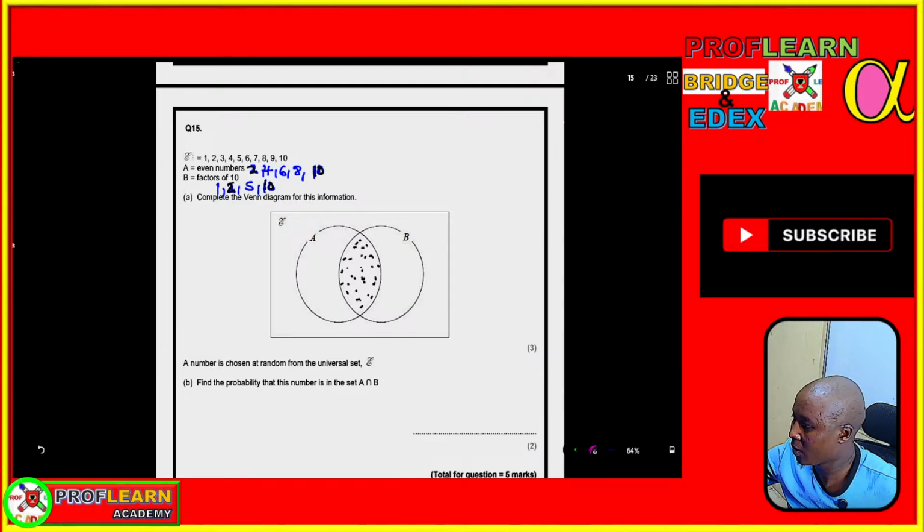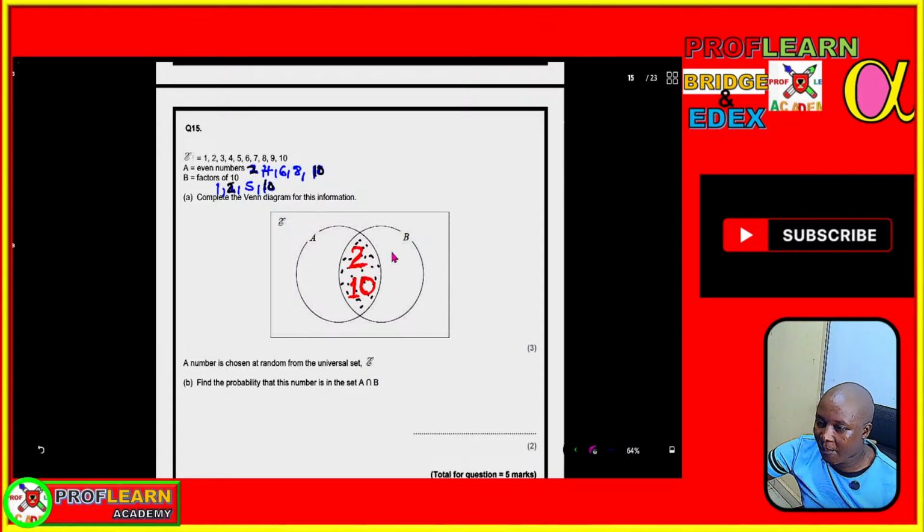So those two numbers, 2 and 10, will be in the intersection. Sorry, not the union, I meant intersection. I think somebody's tired. So 2 and 10 are going to be in the intersection.